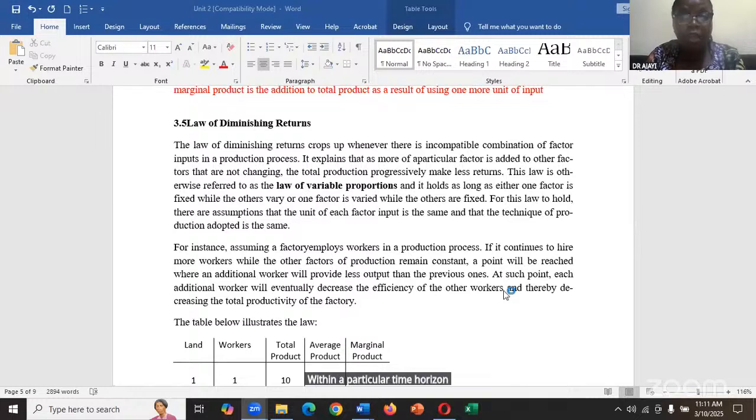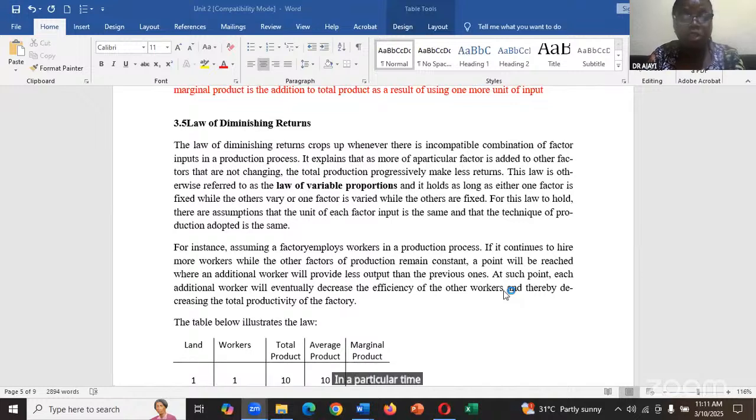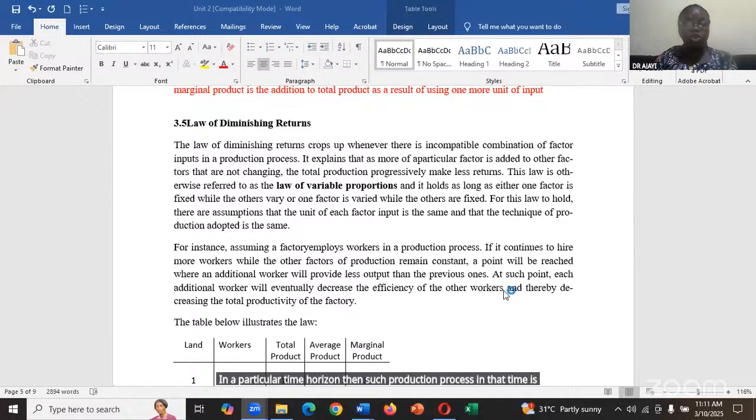So anytime we have factor inputs that are fixed, then we are saying that such production process is in the short run. In as much as we have a particular factor input that is fixed in a particular time horizon, then such production process in that time is a short run production. In the absence of any fixed factor input, then we are referring to long run production process.